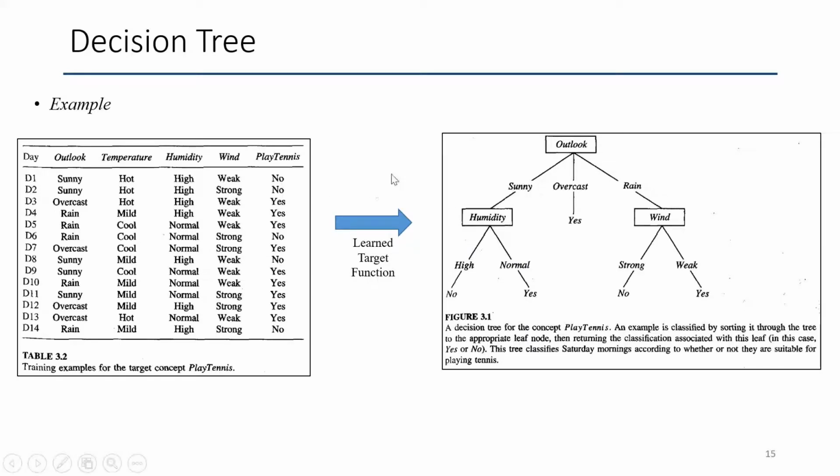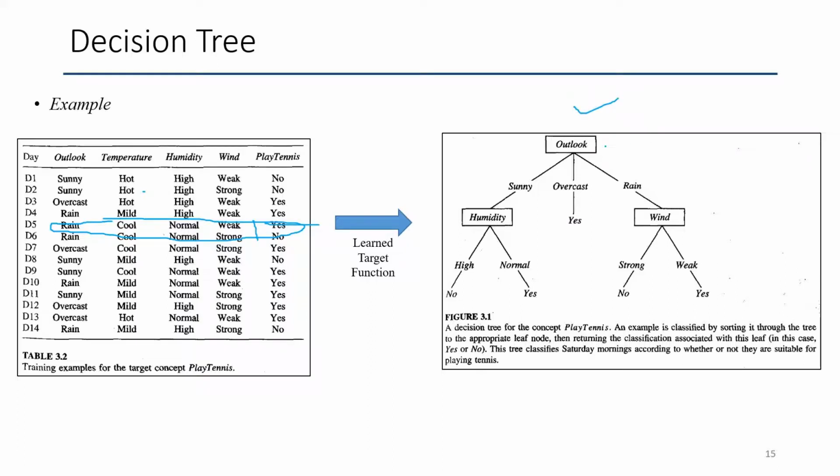So take any instance from these examples, for example, consider this sample. Now consider we don't know the output value, that is yes or no, so we can utilize this decision tree to predict its value.